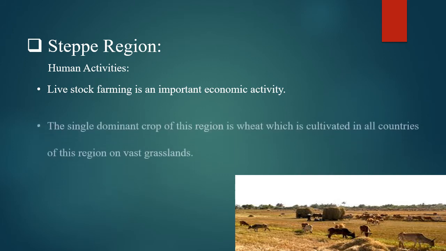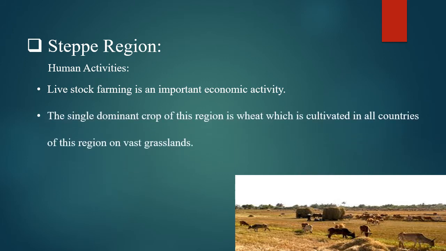The single dominant crop of this region is wheat, which is cultivated in all countries of this region on vast grasslands. Among these grasslands, prairies of North America and pampas of South America are well known. In Europe and Asia, these grasslands are named as steppes.